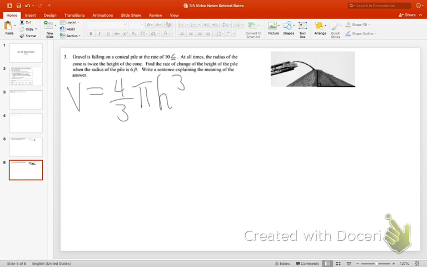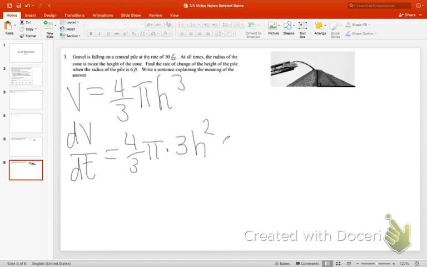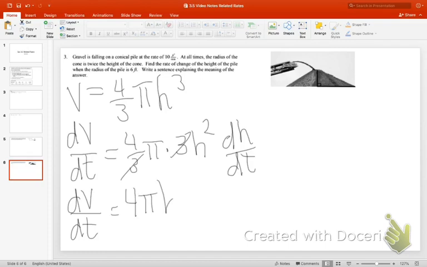So let's differentiate with respect to time. dV/dt: 4/3 is just a number, pi is just a number, so they are scalar multiples times the derivative of h cubed with respect to time, which is 3h squared dh/dt. Our 3's can cancel, and we have dV/dt equals 4 pi h squared dh/dt.